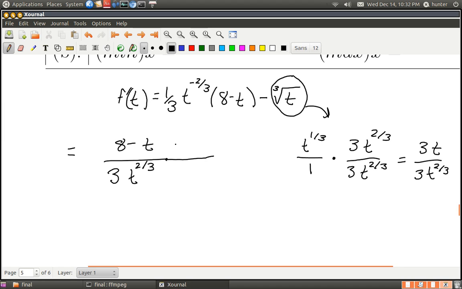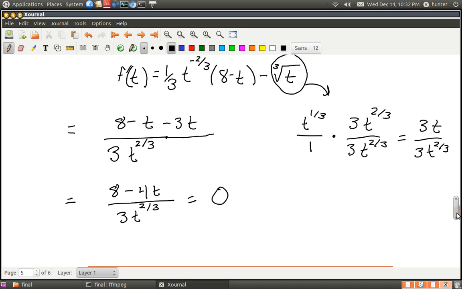So now I have minus 3t. Okay, so this is all equal to 8 minus 4t over 3 times t to the 2/3, and I'm setting this equal to 0.